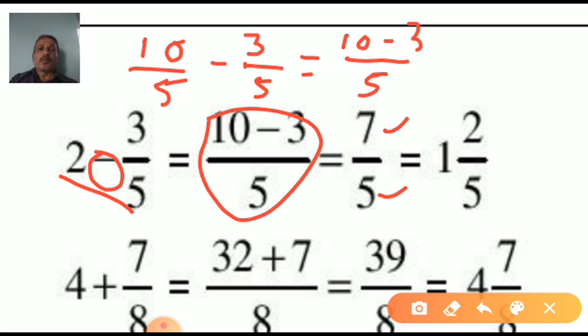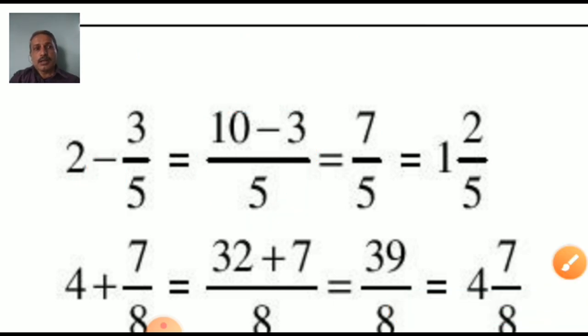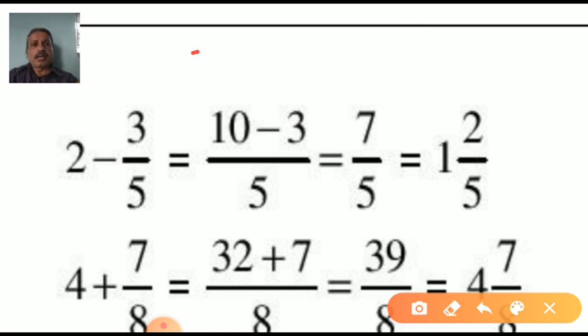Is it a proper fraction or an improper fraction? The numerator is bigger than the denominator. Yes, it is an improper fraction. Shall we make it into a mixed number? I want to teach you how to make a mixed number from the improper fraction. Very simple. Write the numerator here and divide by the denominator 5. 5 ones are 5.